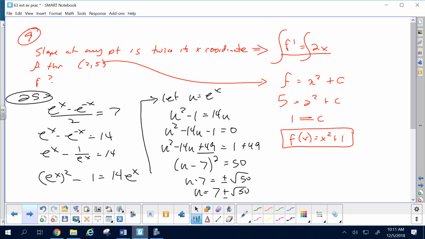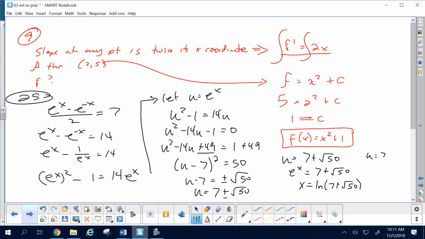Are you tracking so far? Okay, now, I dealt with the quadratic part of it. Now I'm ready to deal with the exponential part. If u is 7 plus root 50, then that means e to the x is 7 plus root 50. And that means x is, solve that for x, the natural log of 7 plus root 50. There's one answer. Done.